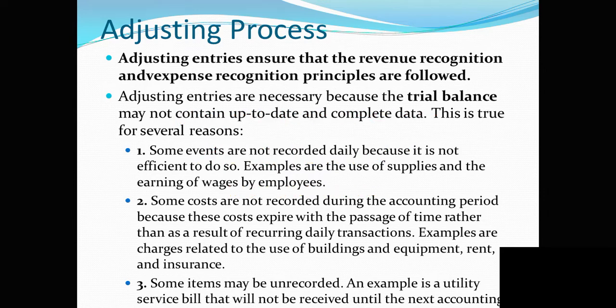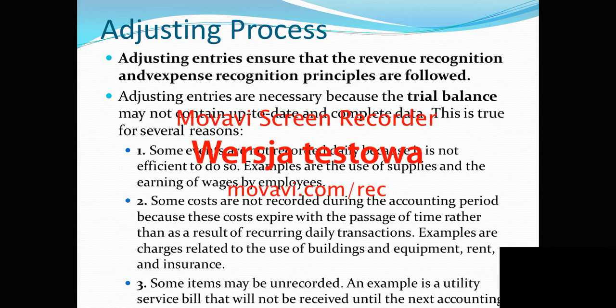Also, wages are accumulated, and at the end of the accounting period they are paid, so you don't make accounting adjustments every day for wages.